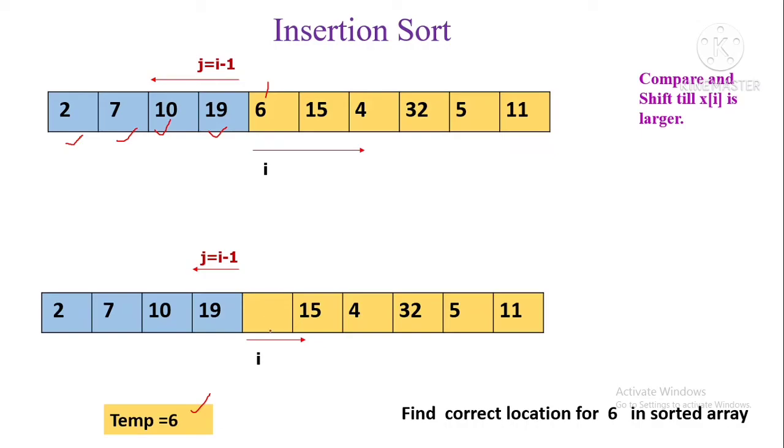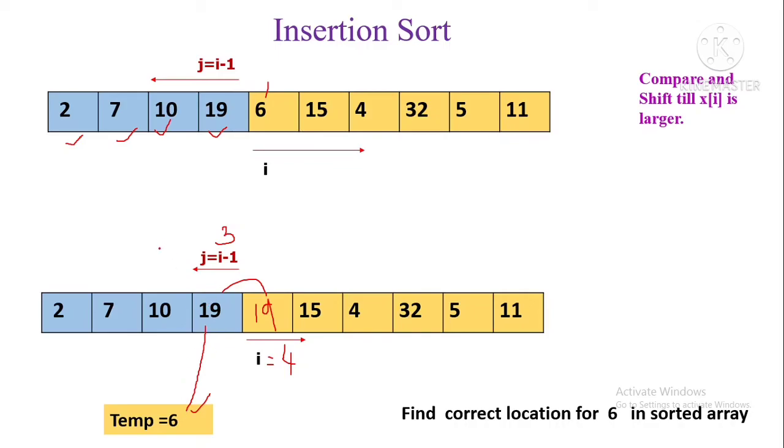Now I have incremented my i value. Now my i value is 4 and my j value is 3. Now 6 is compared with 19. Since 19 is a larger value, 19 is moved on to the next position. Here I have created a hole.